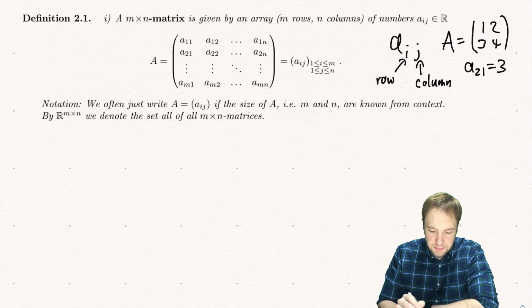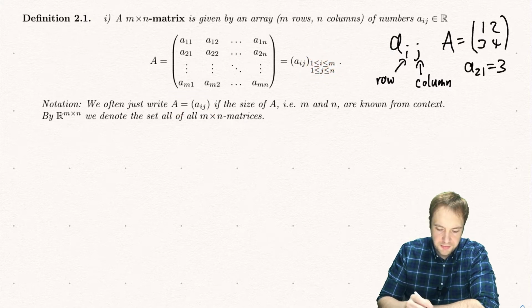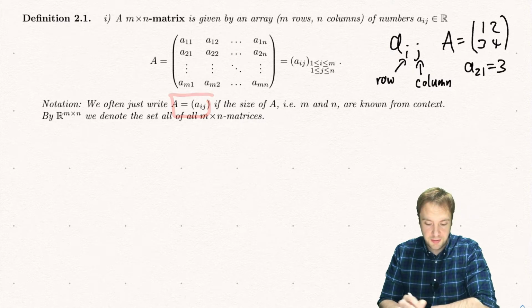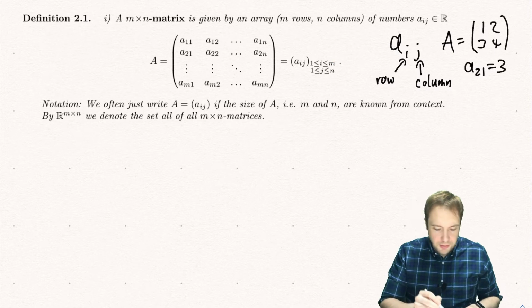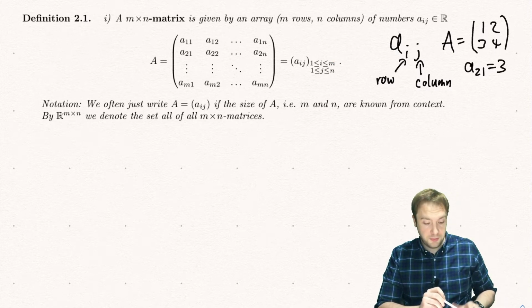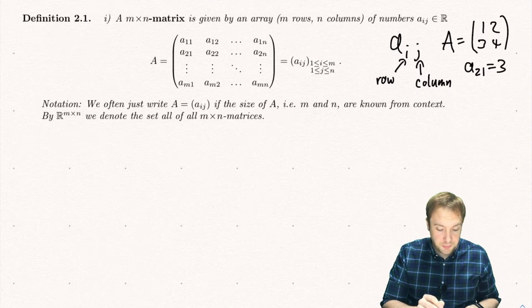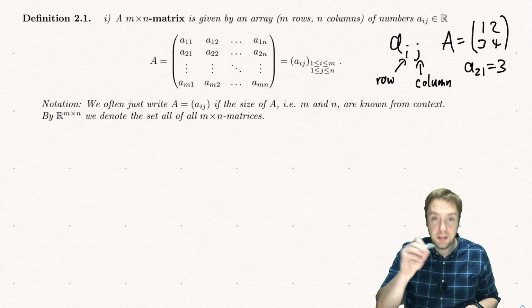And sometimes we will leave out this part here and just say we have a matrix A. And this we say when we, for example, already know what the size of this A is, and then in this case it's clear what m and n are. And the set of all matrices with m rows and n columns will be denoted by R^(m×n).